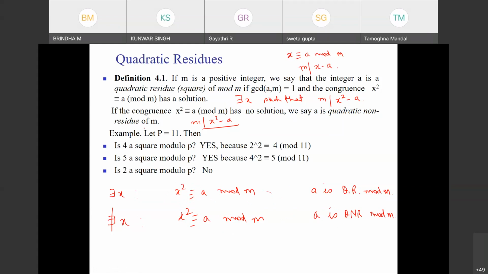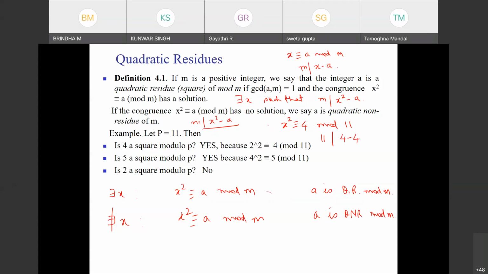Now, for example, take X square congruent 4 modulo 11. Easily you can say there exists X equal to 2. 2 square is 4. 4 minus 4 is 0, and 11 divides 0.